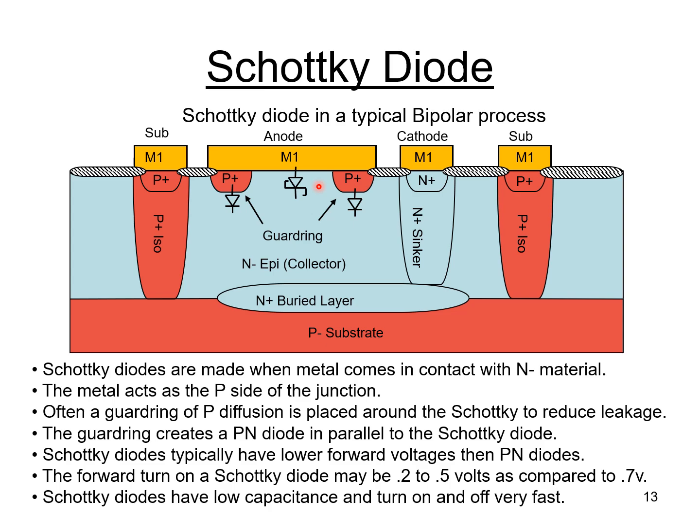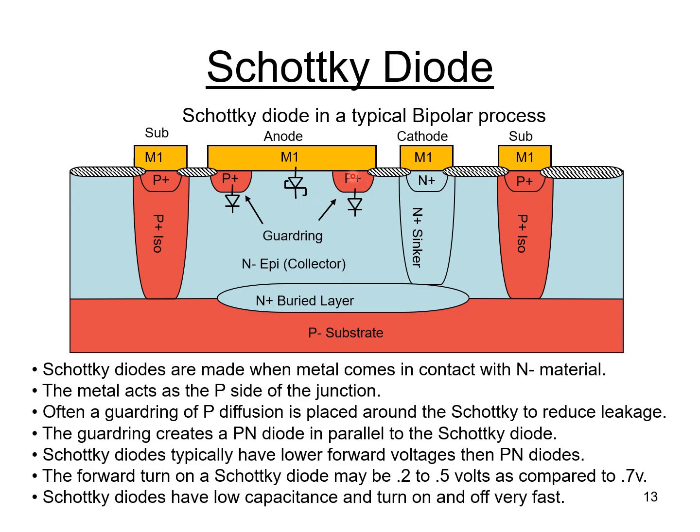Now these junctions often tend to be a little bit leaky, mainly right at the corners or at the edges. So you often put guard rings of P diffusion around the outside of the Schottky diode to reduce the leakage current.